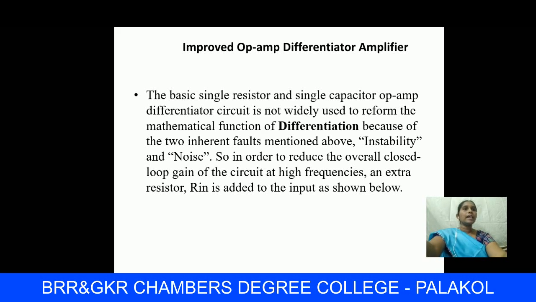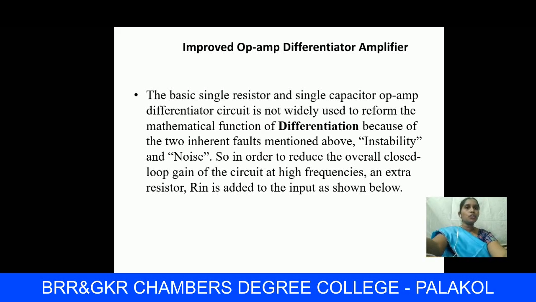So next one is the improved differentiator amplifier. The basic single resistor and single capacitor op amp differentiator is not widely used to perform the mathematical function of differentiation, because it has two faults, instability as well as noise.